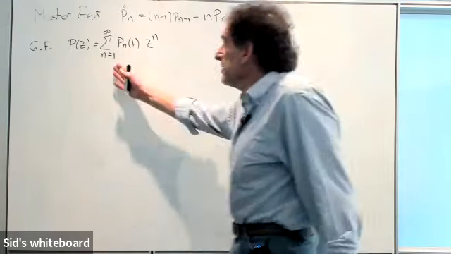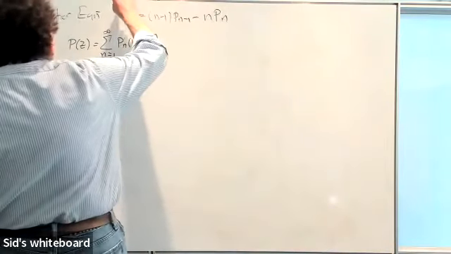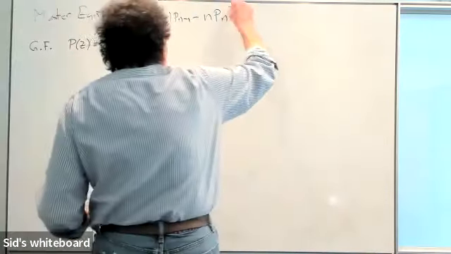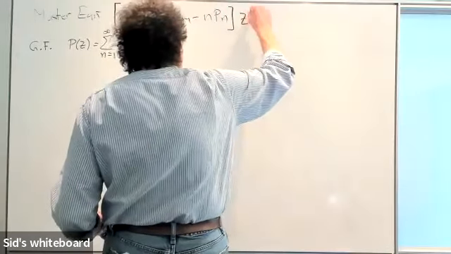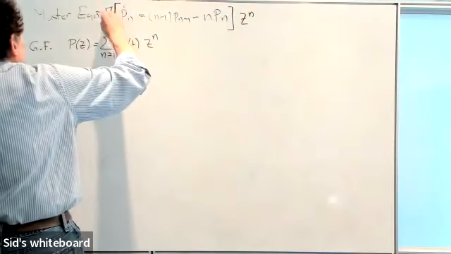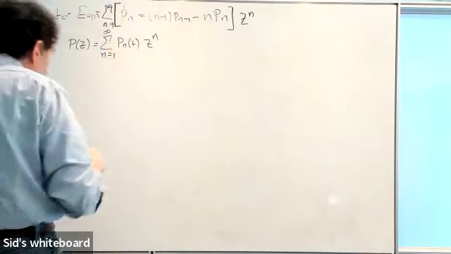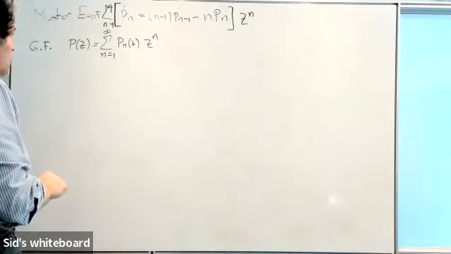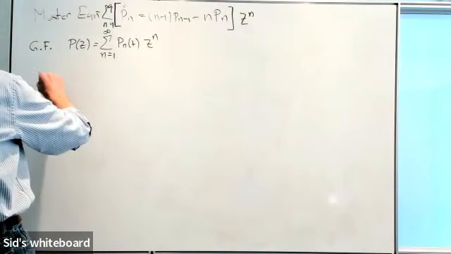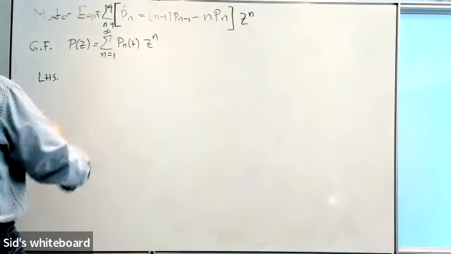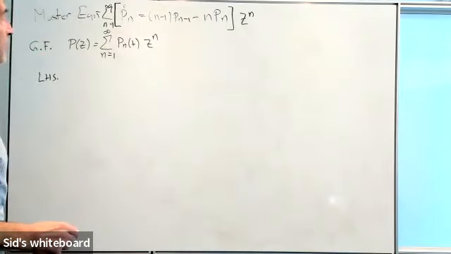So let's take this initial equation, multiply through by z to the power n, and sum from n equals 1 to infinity. And let's see what comes up. So on the left-hand side, we just have the time derivative of the generating function.